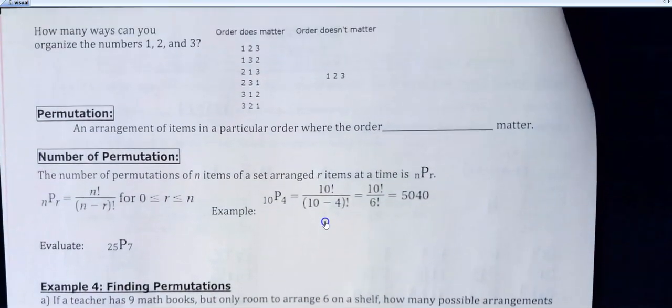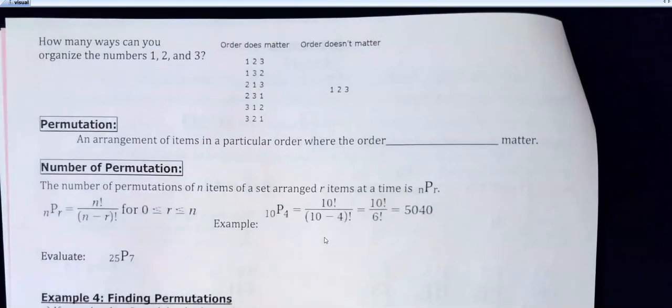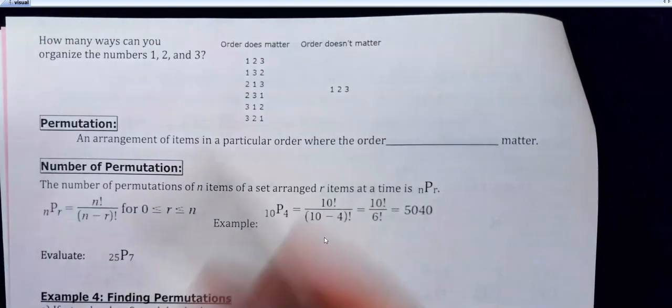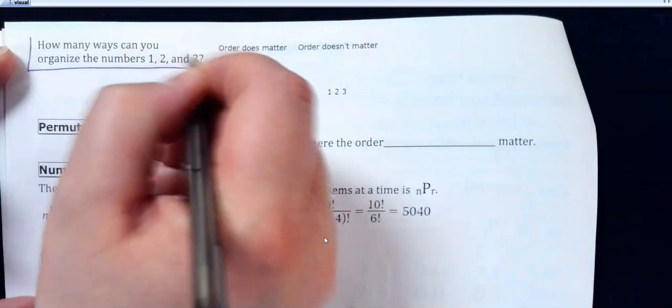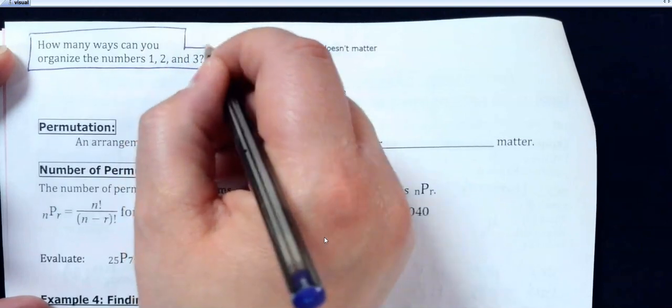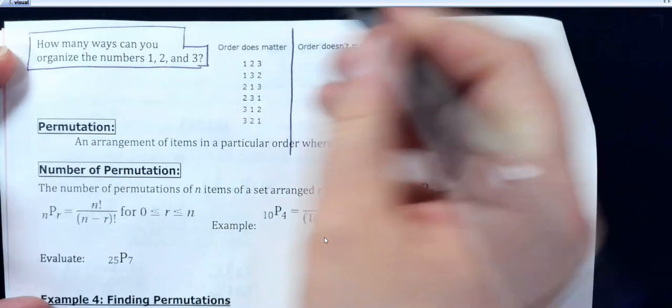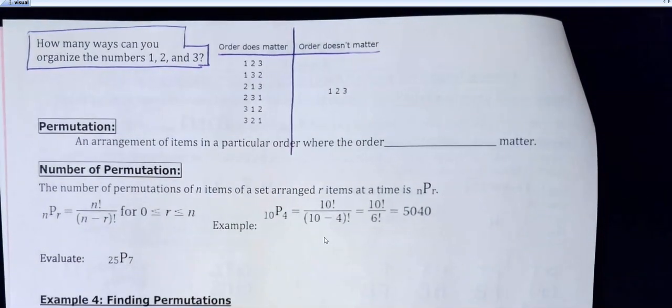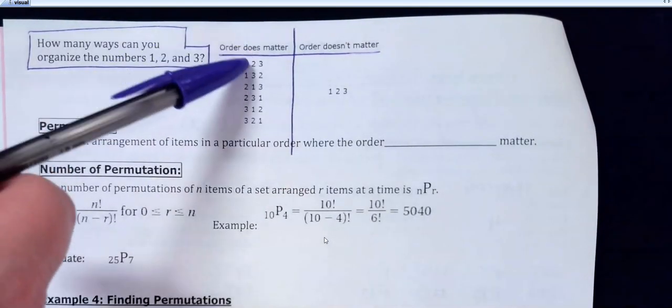Okay, now what we're going to talk about are permutations and combinations, and I have a little graphic at the top to illustrate the difference between the two. This says, in how many ways can you organize the numbers 1, 2, and 3? And to the side, I have this little tiny chart. I didn't mean to draw that line that big. If the order matters, then I would have all these different ways.